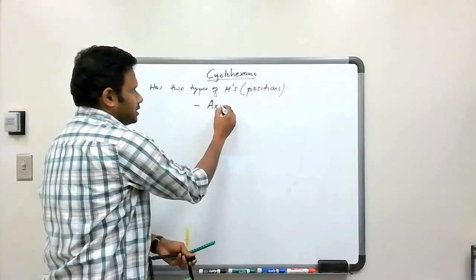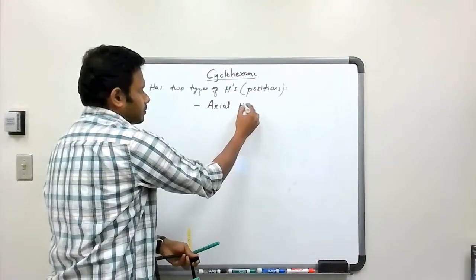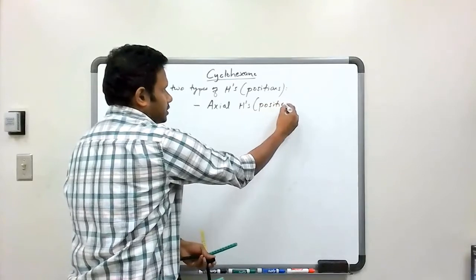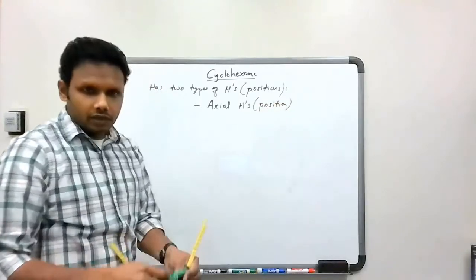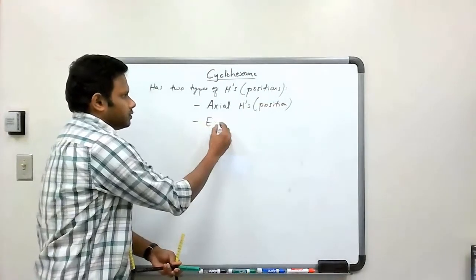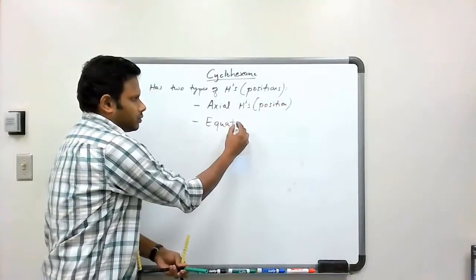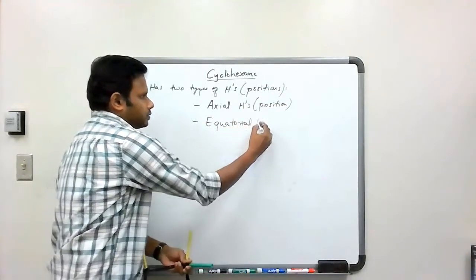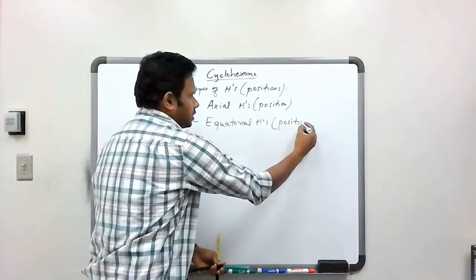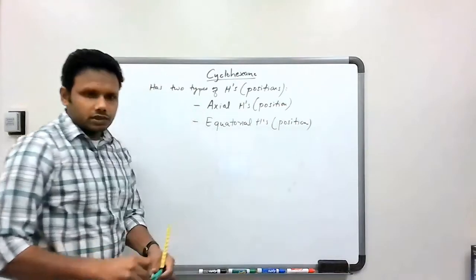The first is the axial hydrogens, or the axial position. The second kind are called equatorial hydrogens, or an equatorial position.